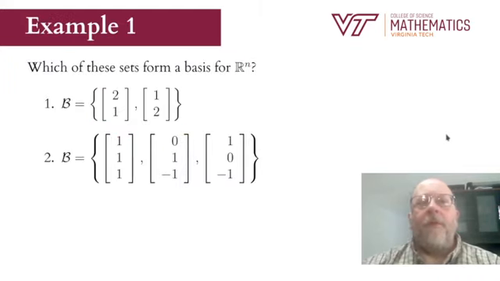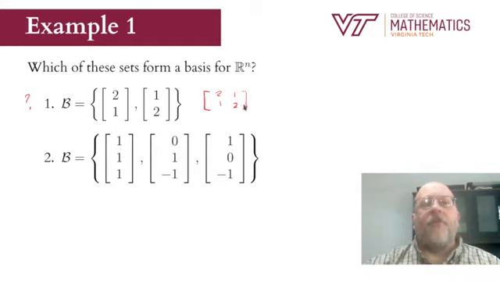So as an example, which of these sets is a basis for Rn? If we look at number one, we could put this in echelon form in one step by taking row 2 minus 2 times row 1.